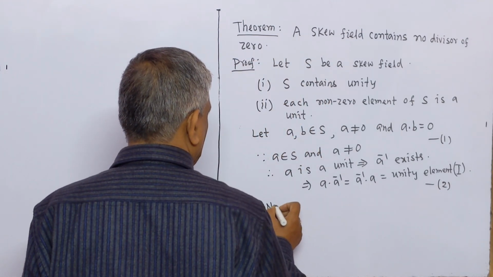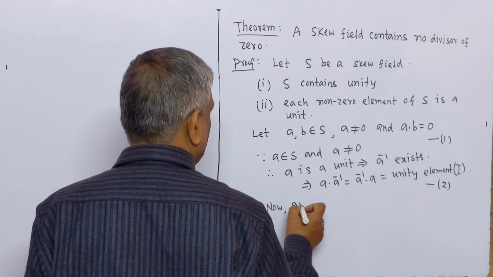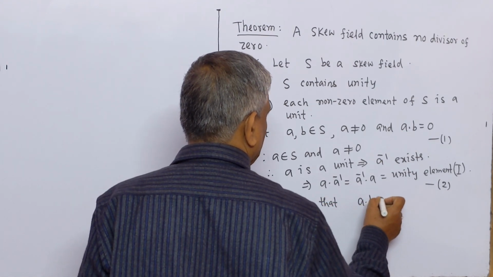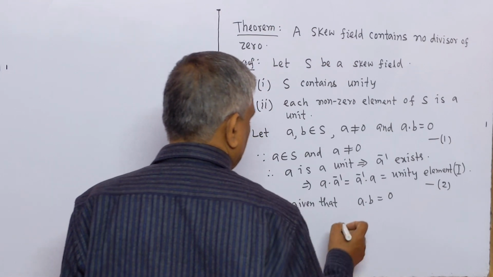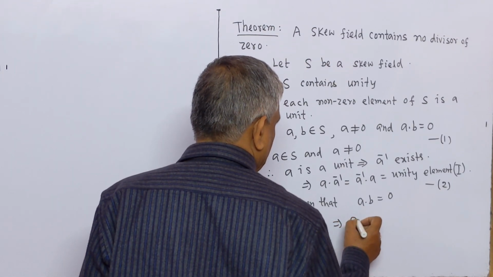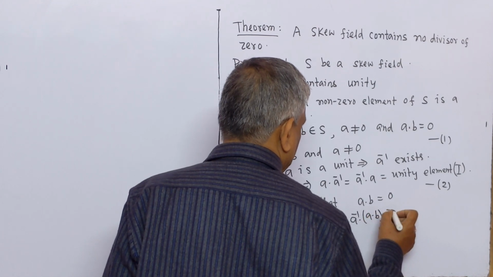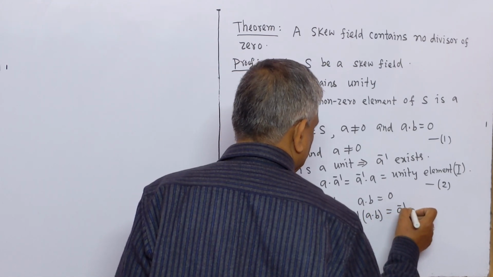Now, given that A multiply B equals 0, it implies that A inverse multiply A multiply B equals A inverse multiply 0.